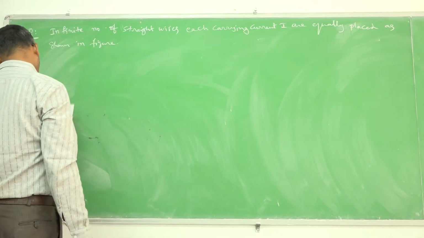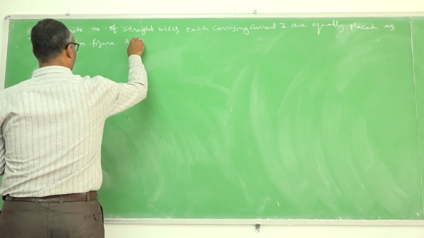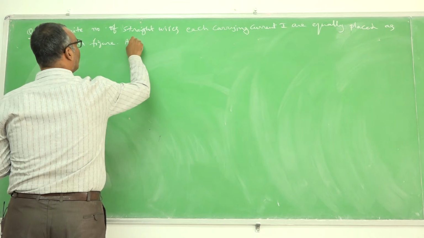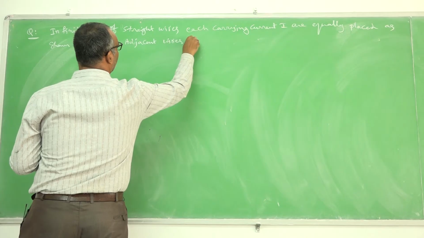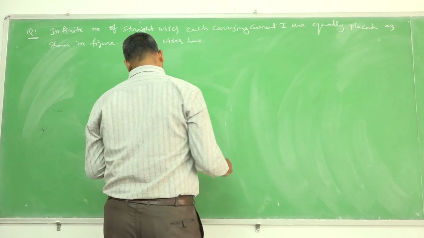Adjacent wires have currents in opposite directions.